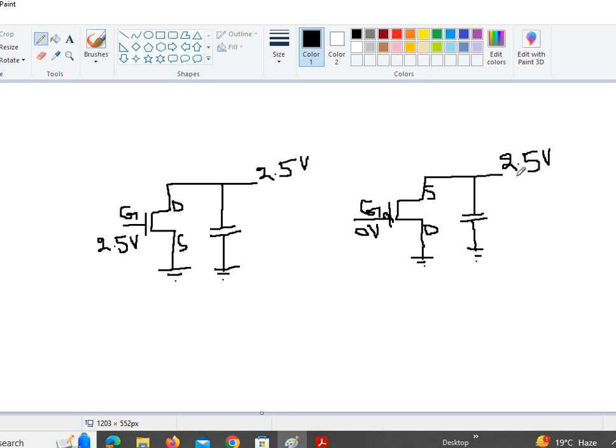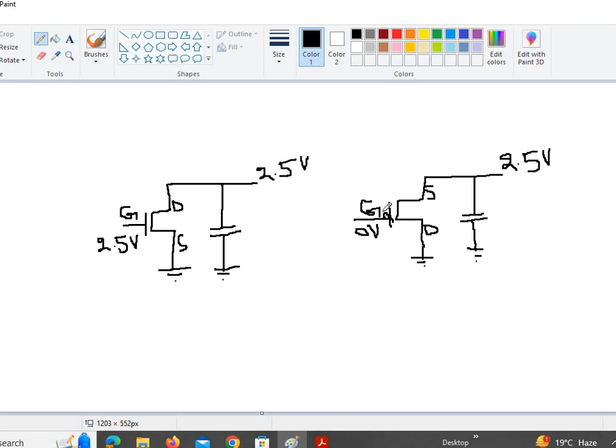Now it's going to be discharged slowly to 2.1 volts, so VGS becomes 2.1 volts. Then it's going to be discharged to 2 volts, and then to 1.5, VGS becomes 1.5. And then it's going to be discharged to 1 volt, VGS becomes 1. Then it's going to be discharged to 0.5 volts, VGS becomes 0.5.